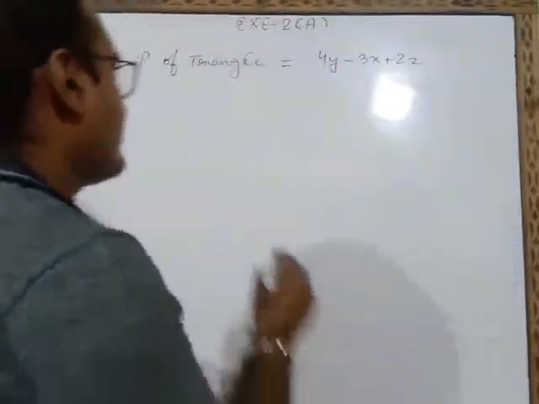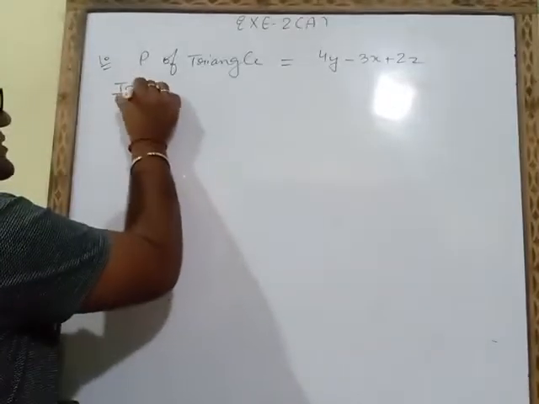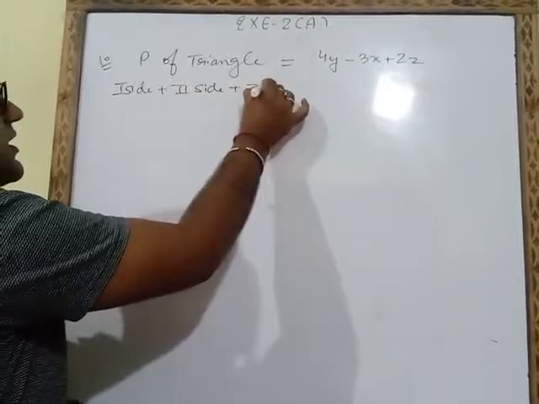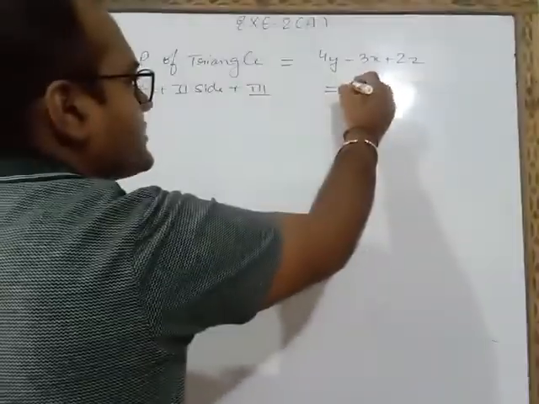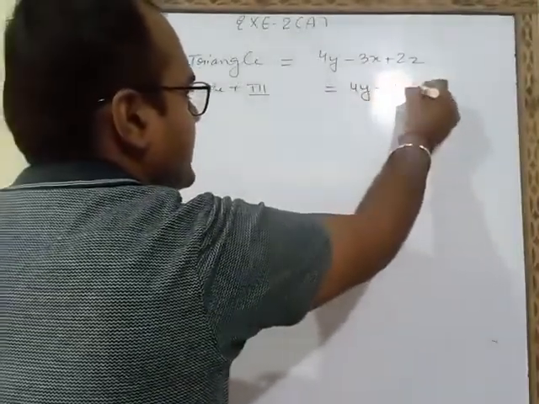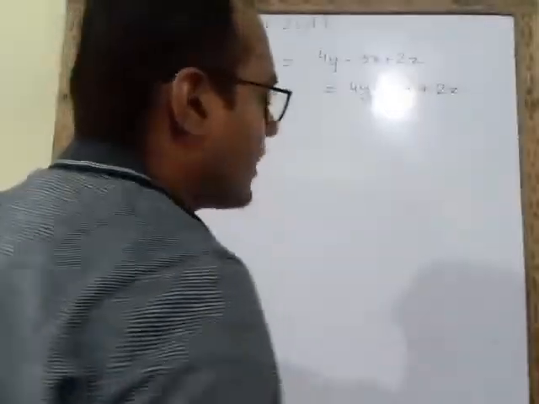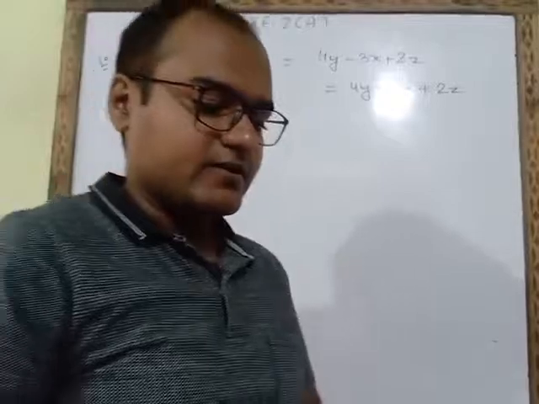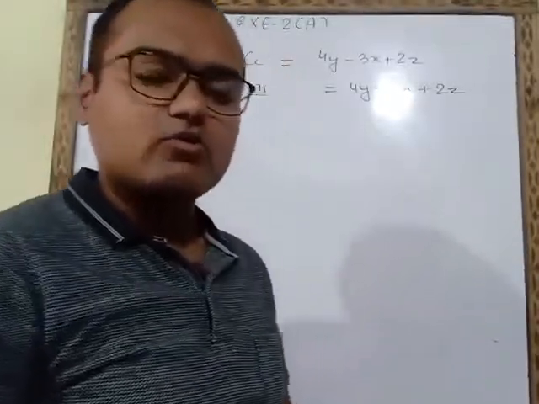So we have to write here first side plus second side plus third side equal to this thing, 4y minus 3x plus 2z. Now two sides of the triangle are this and this many centimeters. Two sides are given.